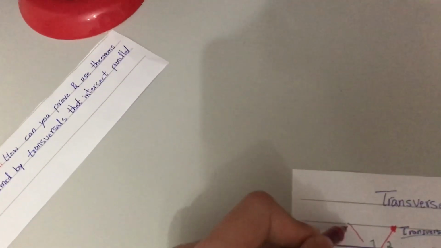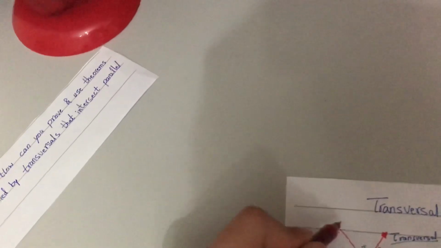Exterior means, for example, angle 1 and 7, the outside parts.